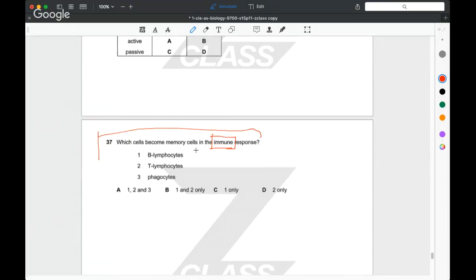And the examiner is saying that you've got to learn that cascade, because at the end of that cascade, both B lymphocytes and T lymphocytes are activated.